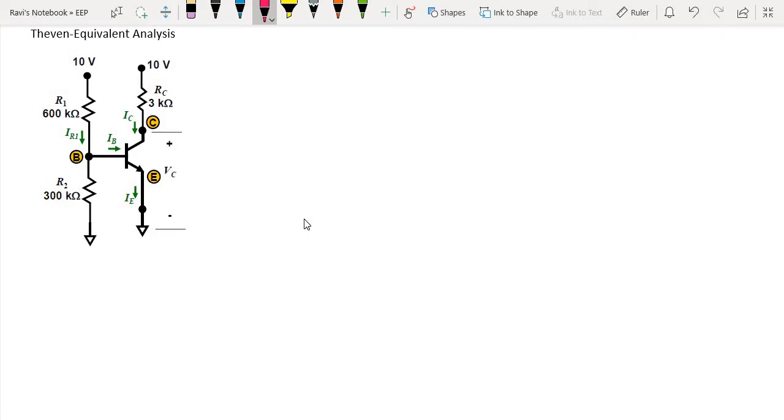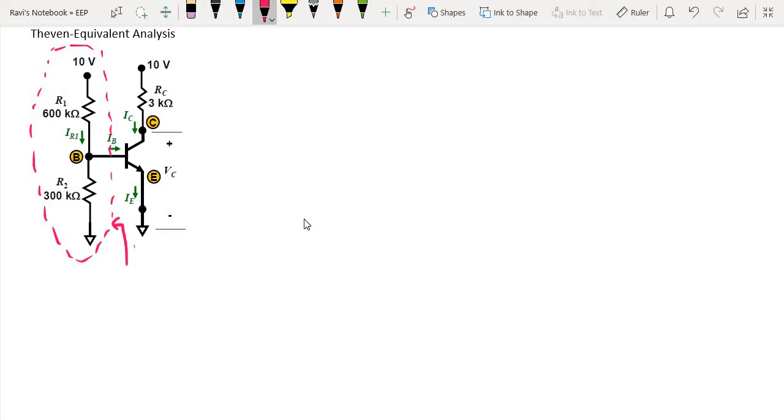For the Thevenin equivalent circuit, we first need to understand that the Thevenin part is the conversion of the input to the system, and the input is the base. So I need to look at the base portion of the circuit and derive an equivalent Thevenin circuit looking from this direction. So what do I see?